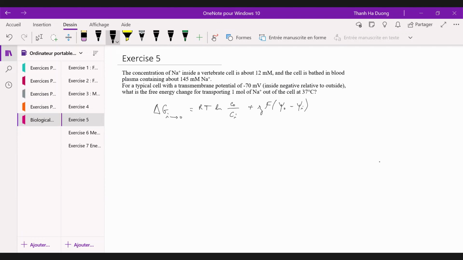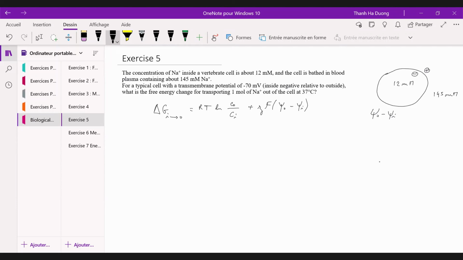Okay, so don't forget, here we have the concentration 12 molar outside and 155 millimolar inside. The potential outside minus inside is negative related to outside.